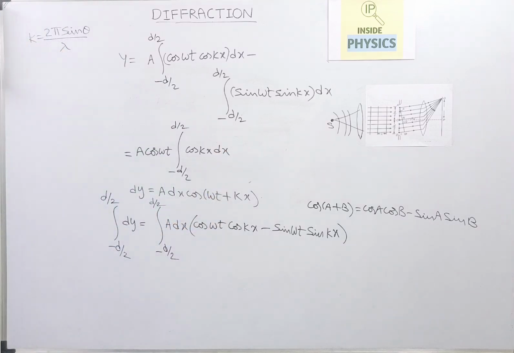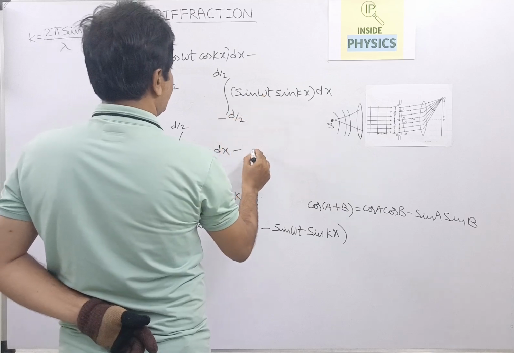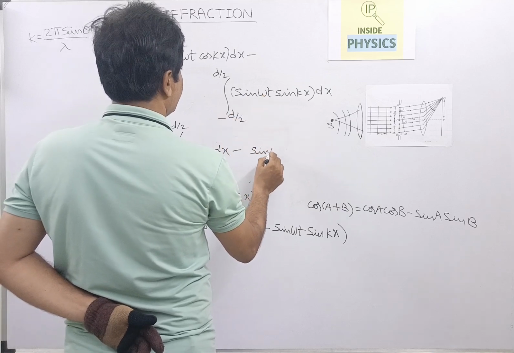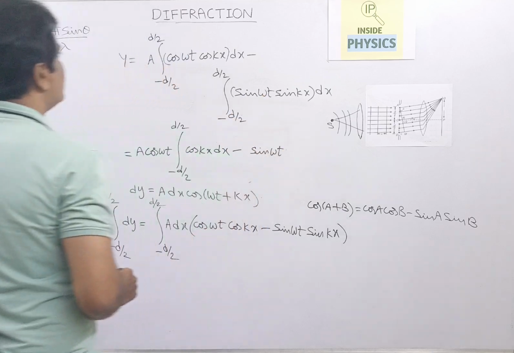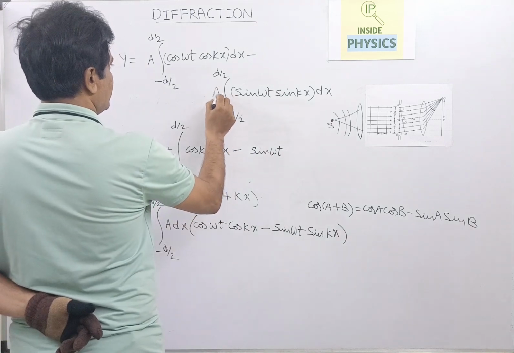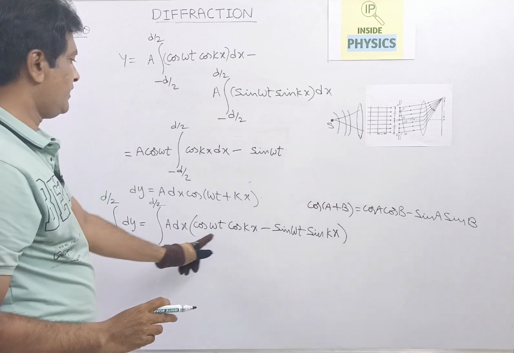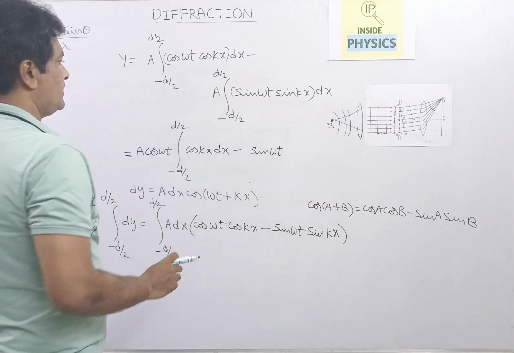Again here, if you take this sin omega t outside, you can have the A here also. After multiplying A on both sides we will get A here.